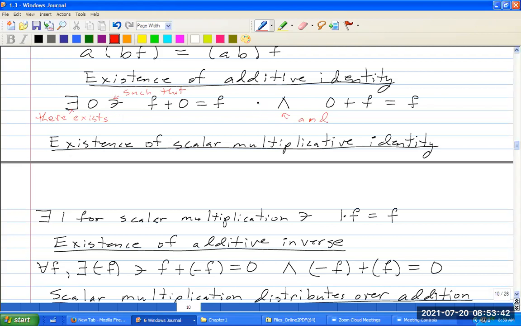And this wedge symbol here denotes logical and. And actually, if you do it this way, then this represents logical or.